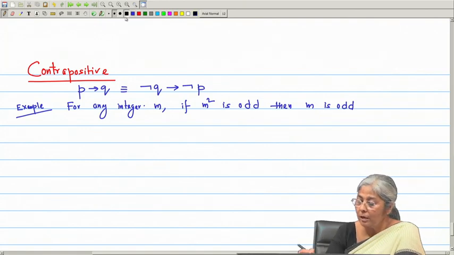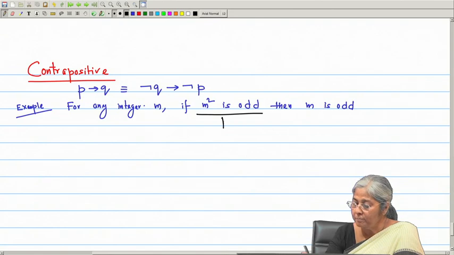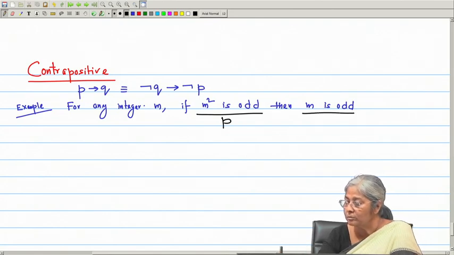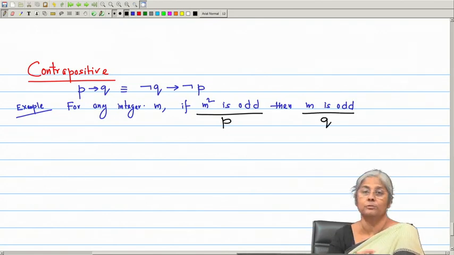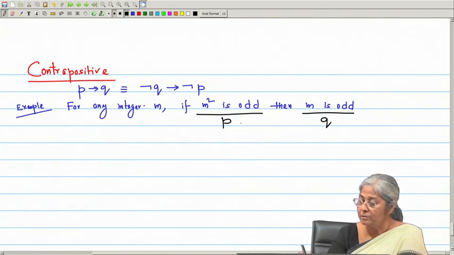So, our m square is odd, this is our hypothesis P. If P, then Q. So, m is odd, this is my conclusion.